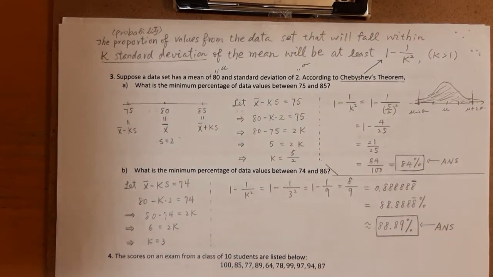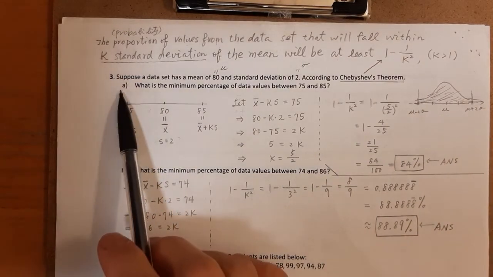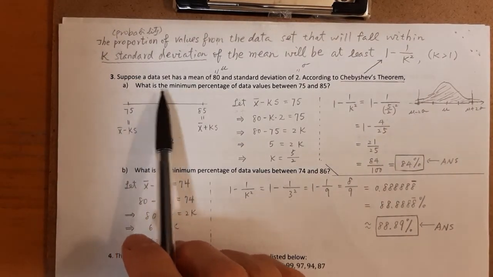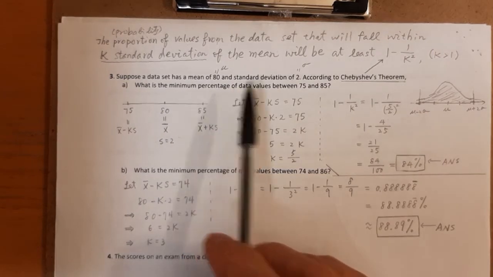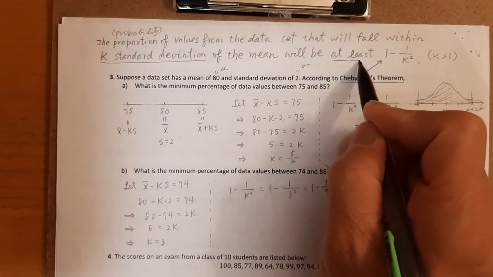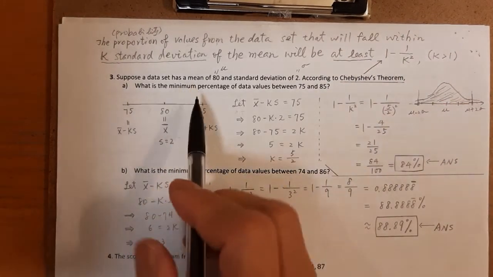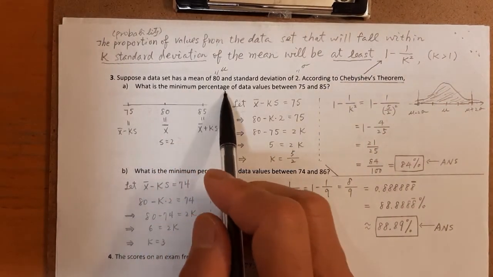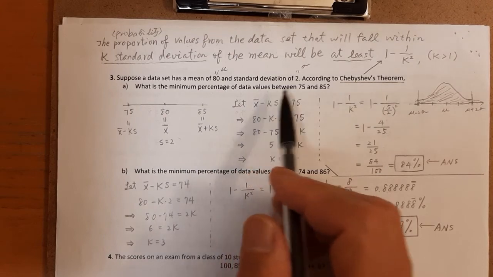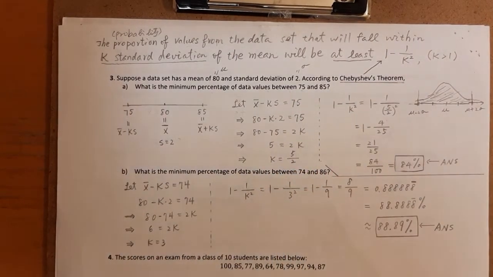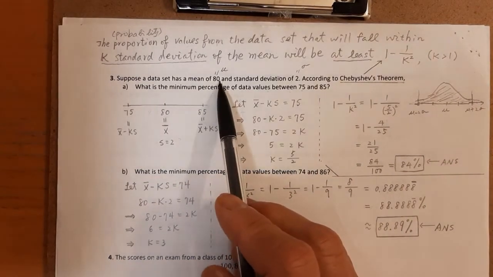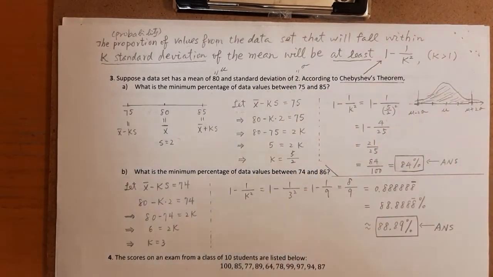This is Chebyshev's theorem. So according to this, part A asks you, what is the minimum percentage? At least, so it's the minimum. What is the minimum percentage of the data values between 75 and 85? Given the mean is 80 and the standard deviation is 2.